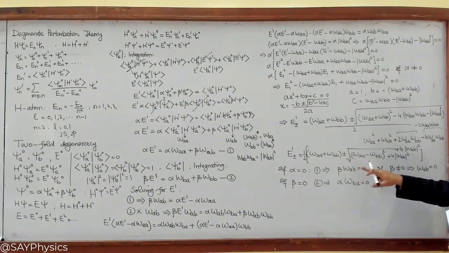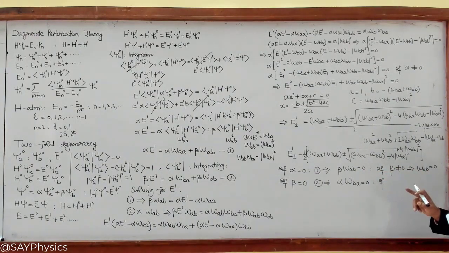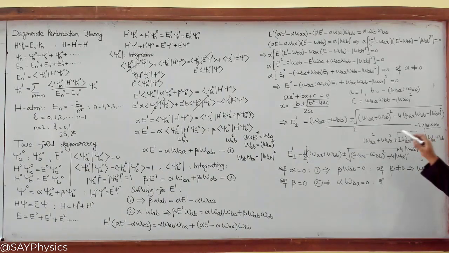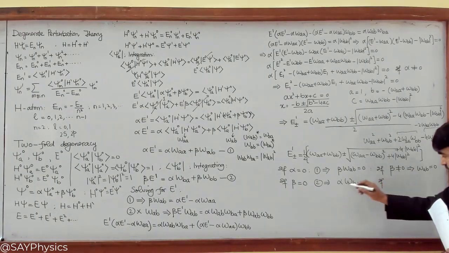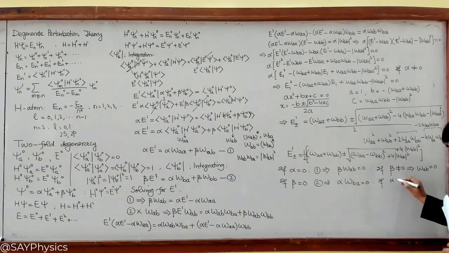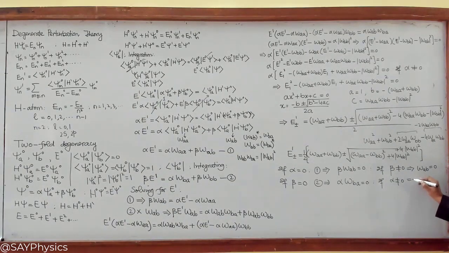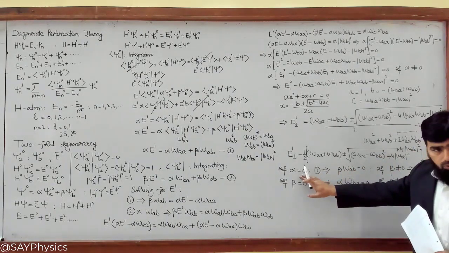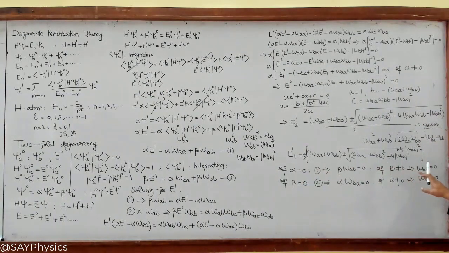And the alpha equal to 0 situation we have already discussed. We have already discussed what will happen to this one. So if alpha is non-zero, then this implies BA is equal to 0. But look at this situation. If alpha is 0, then WAB is equal to 0.